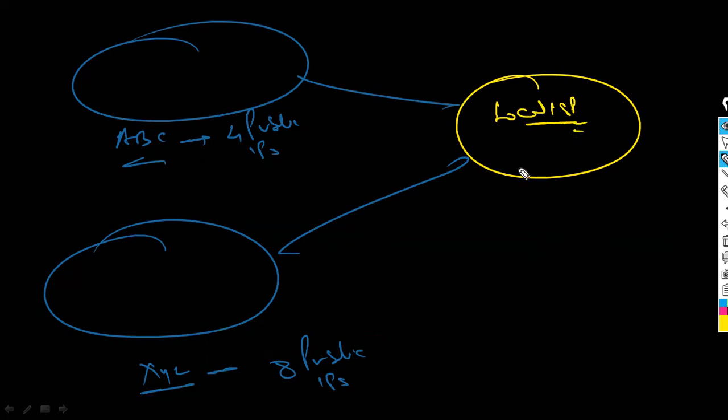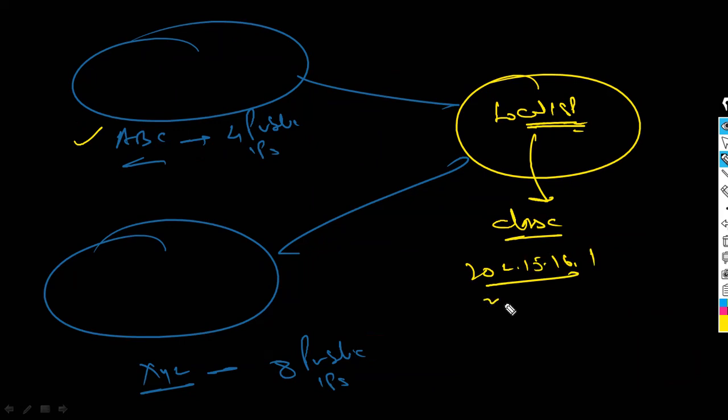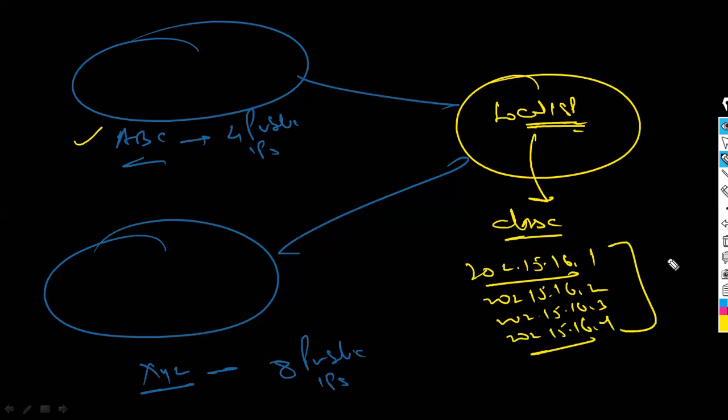The service provider decided to provide IP addresses to ABC from a class C network. Let's say the free IPs with the local service provider are from this range. Let us assume the local service provider assigned 4 IPs from this network, 1 to 4, to ABC company.